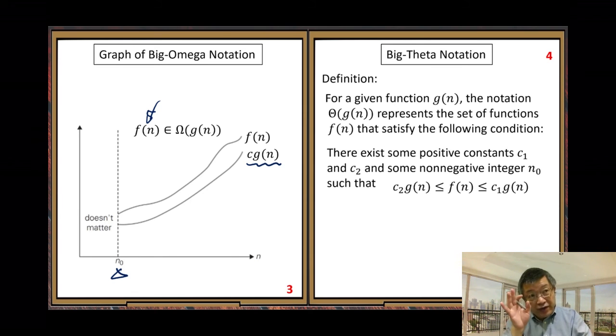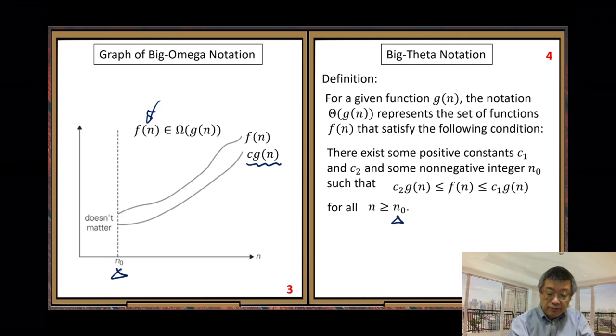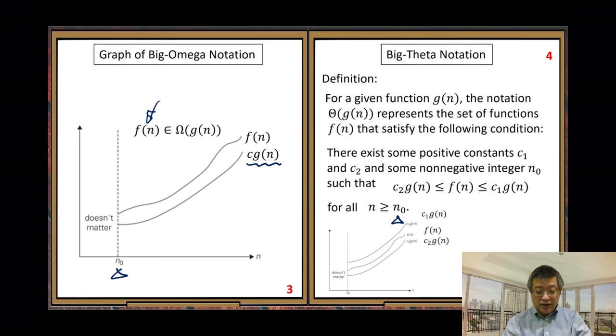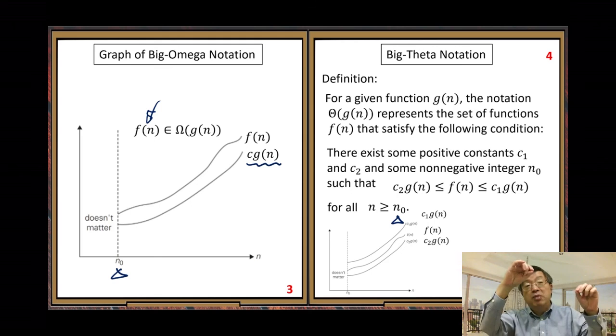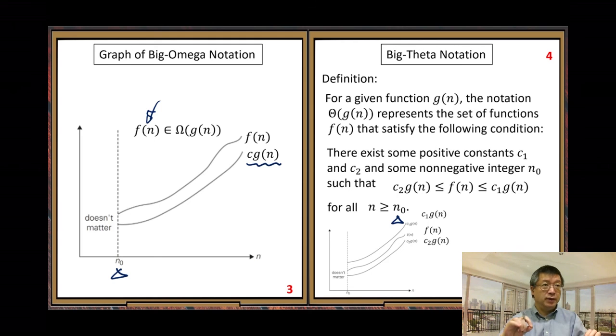In this inequality, we only consider when n is sufficiently large. So we use n0 to describe the meaning of sufficiently large. Graphically, this time we use both the upper bound and the lower bound.